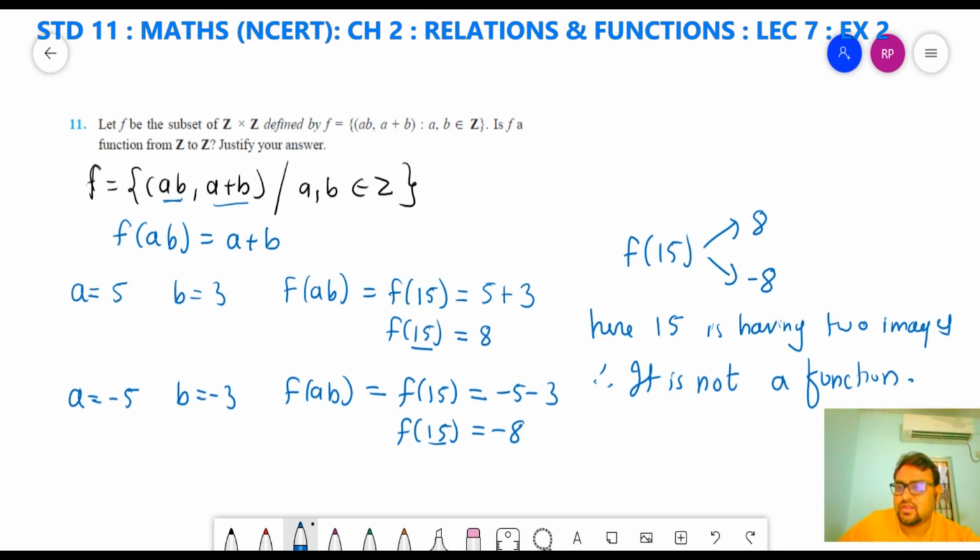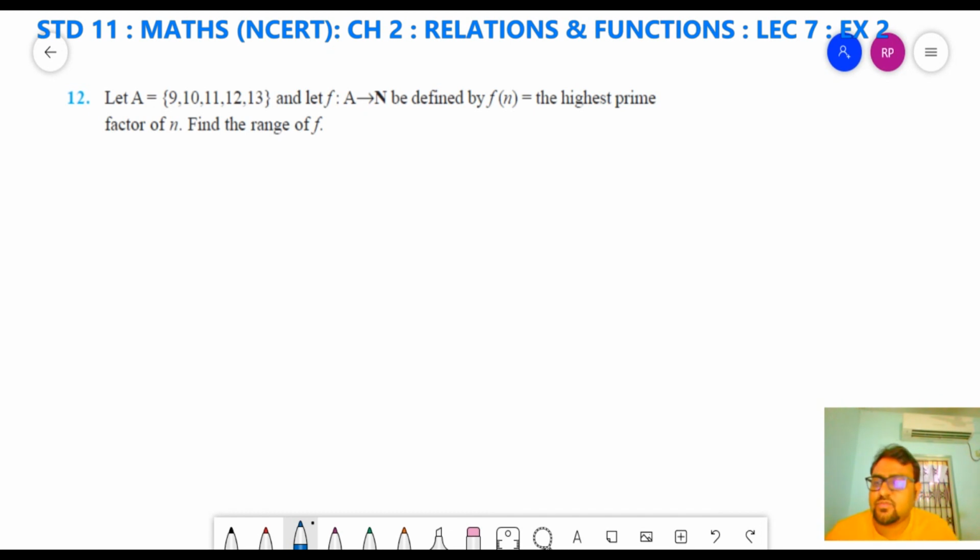Okay, so now let's move to the next question, that is question number 12, and that is the last question of this exercise as well as this chapter. Question number 12. Okay, here set A is given, that is 9, 10, 11, 12, 13.